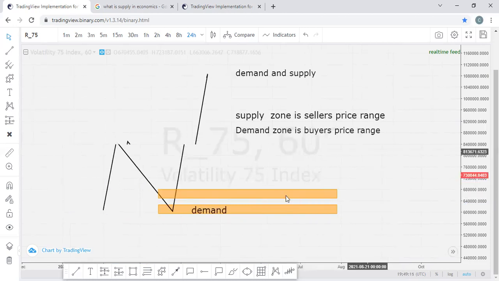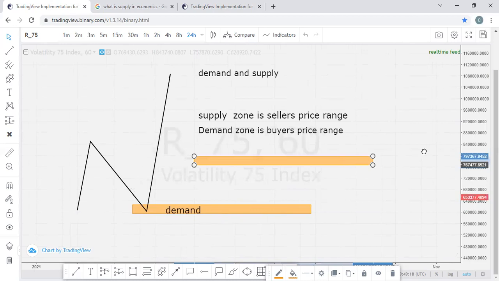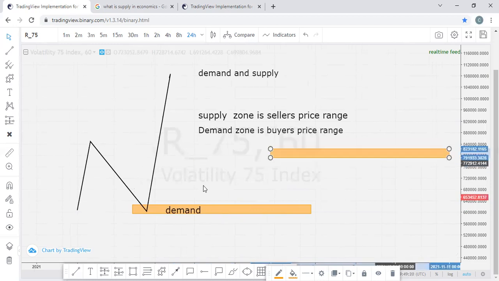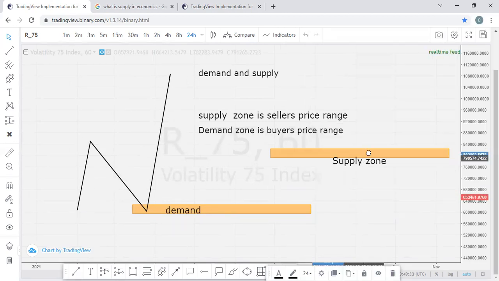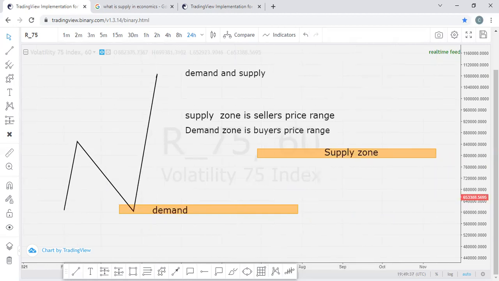It's simply the opposite of this. So if you want to have a supply zone, this is a supply zone now. We label this the supply zone. The market was going bullish, then it taps here, and then we see this heavy drop.